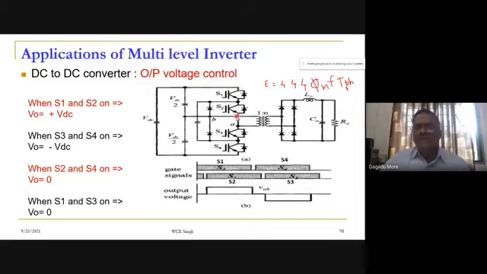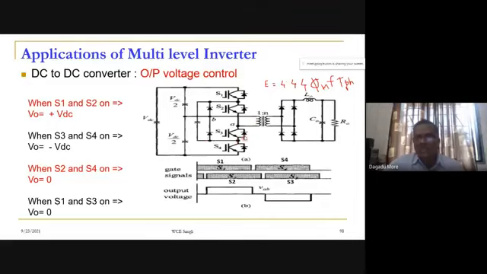From this plus, through S1, S2, it goes to the point A. From A, it goes to the transformer, and from there to this. So the output voltage applied to the transformer is plus VDC by 2. When S1 and S2 are on, we apply plus VDC by 2.